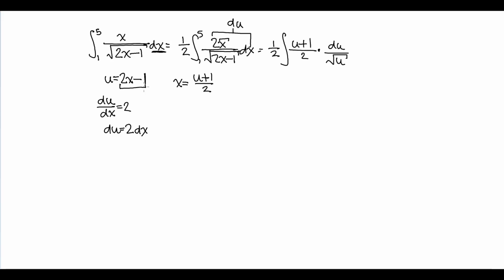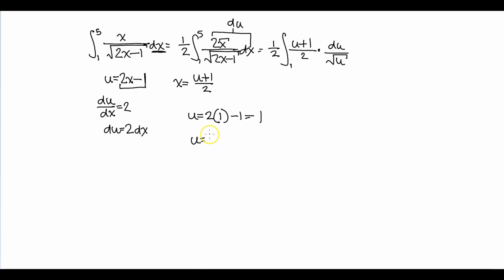However, a better way to do this is to convert the limits of integration into u form, which is done by subbing in the x values to get the corresponding u values. So the lower limit 1, its u version will be 2 times 1 is 2, minus 1 is 1. So that stays the same.